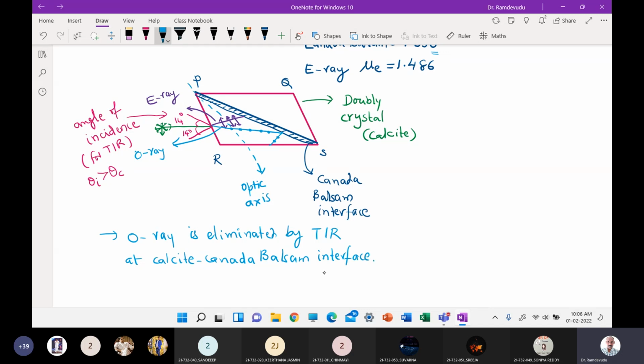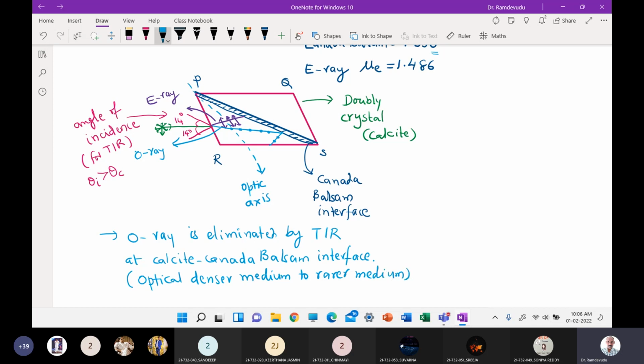Therefore, as we are eliminating it, only the E ray will come out of it. The O ray is moving from optically denser medium, that is calcite, to rarer medium, and it has been eliminated by total internal reflection.